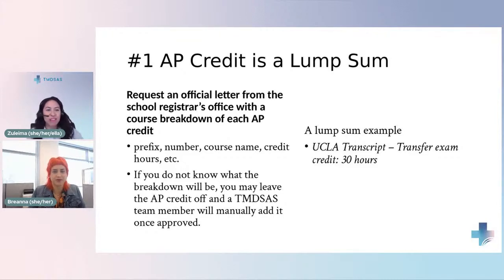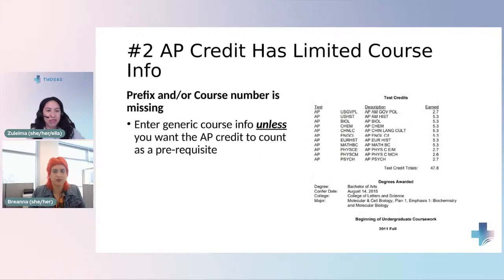Then we have a second scenario for AP credit when there's limited course information. Sometimes it's a missing prefix or a missing course number. In this case, we recommend that you enter generic information for the course unless you want your AP credit to count as a prerequisite.